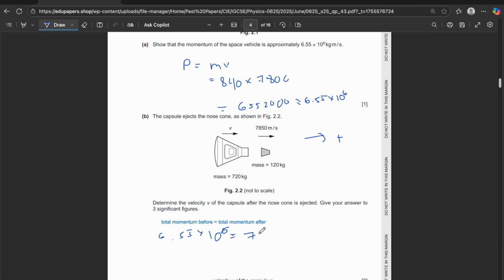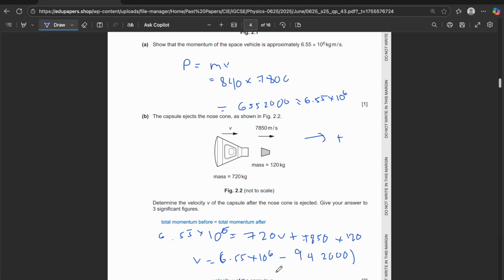And we need to find the v, right? 720 into v plus 7850 into 120. So to get v, we can just do it like this. So 7850 into 120 is 9420.